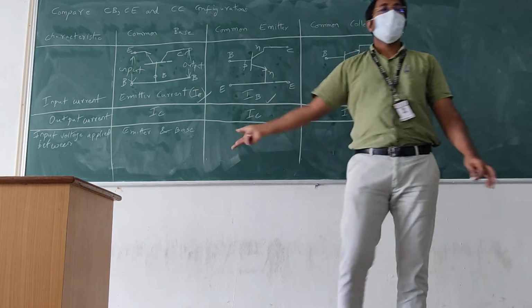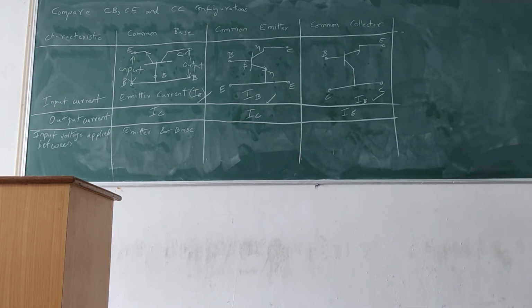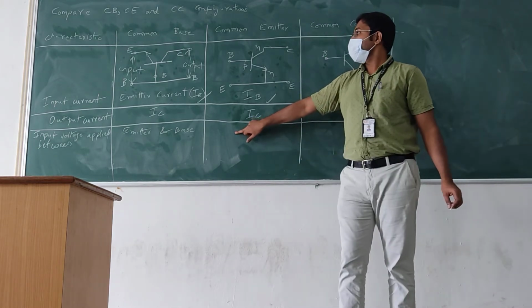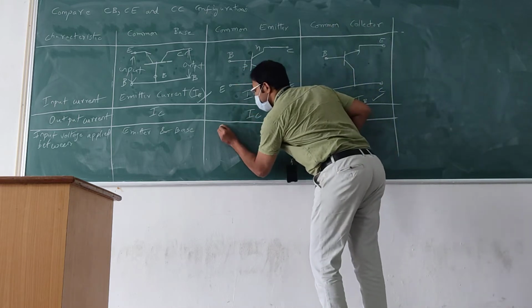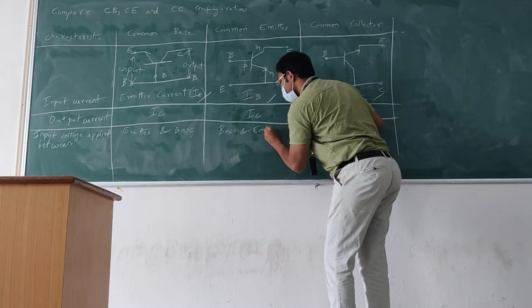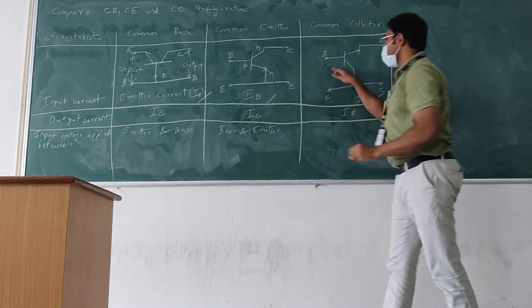What is the input current? What is the output current? What is the input voltage? What is the output voltage? It's very easy. So tell me, where are we applying input here? Base and emitter. Very good. What about this case? Base and emitter.